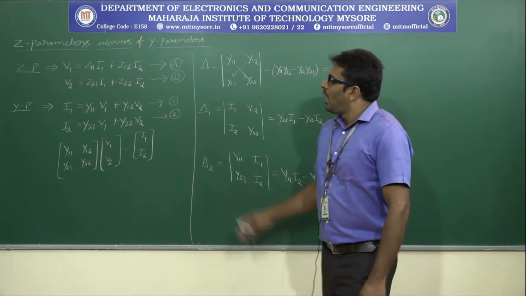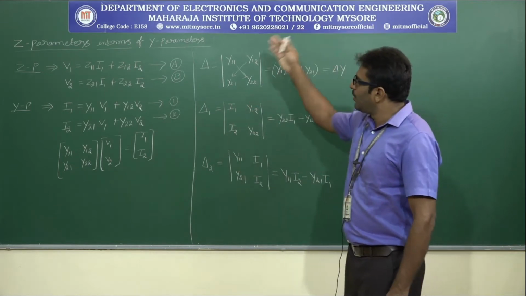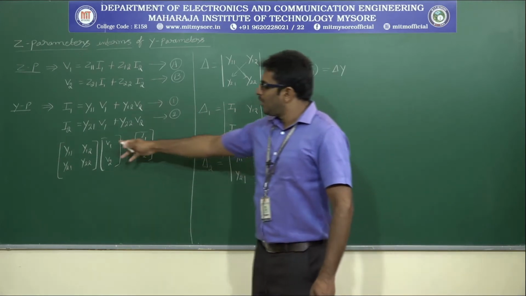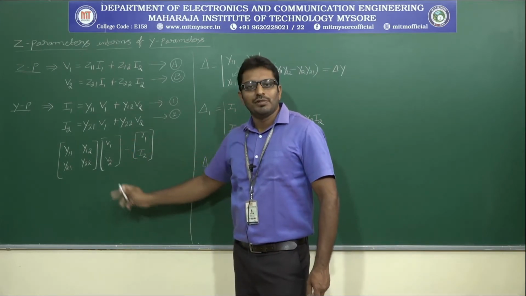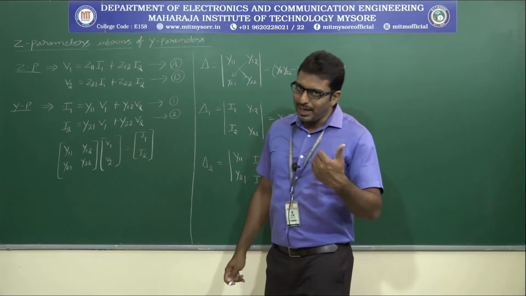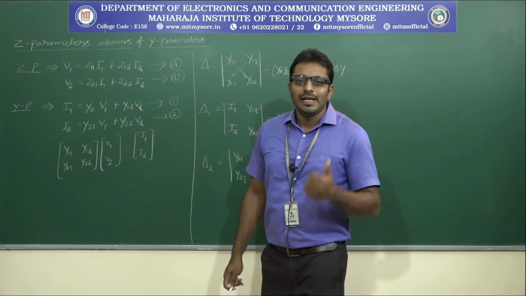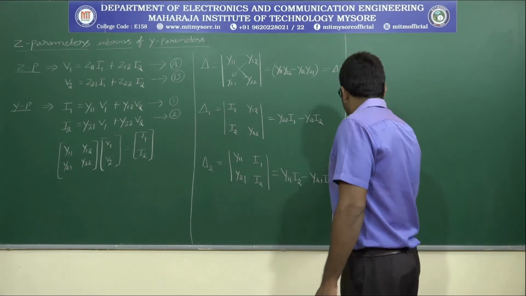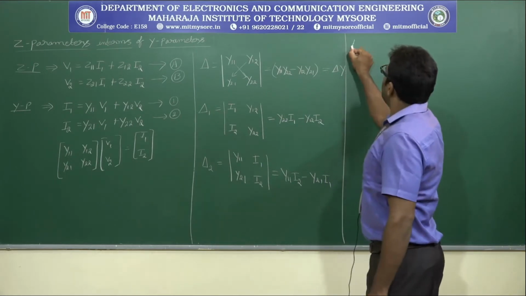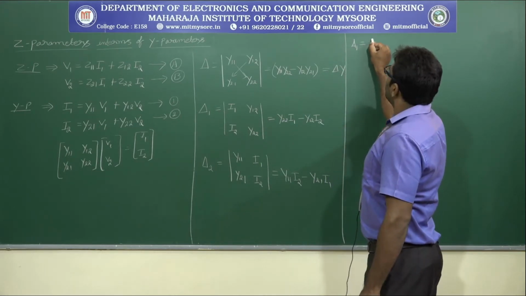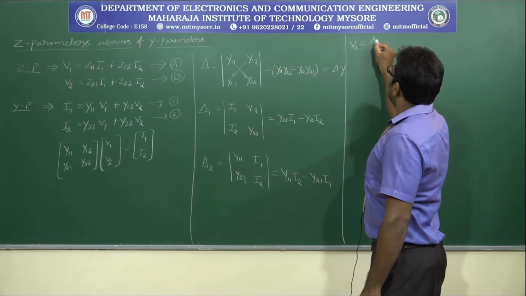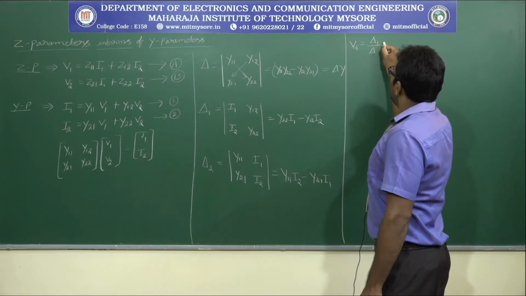Now, by knowing delta 1 and delta 2, we can find V1 and V2. V1 is delta 1 by delta, and V2 is delta 2 by delta. So let me find out. V1 is equal to delta 1 by delta.